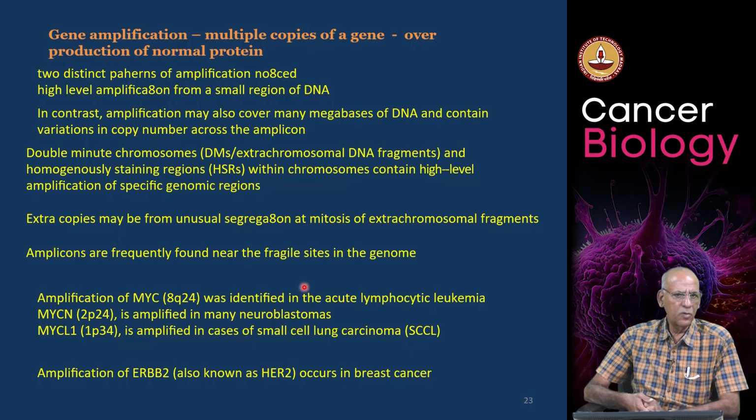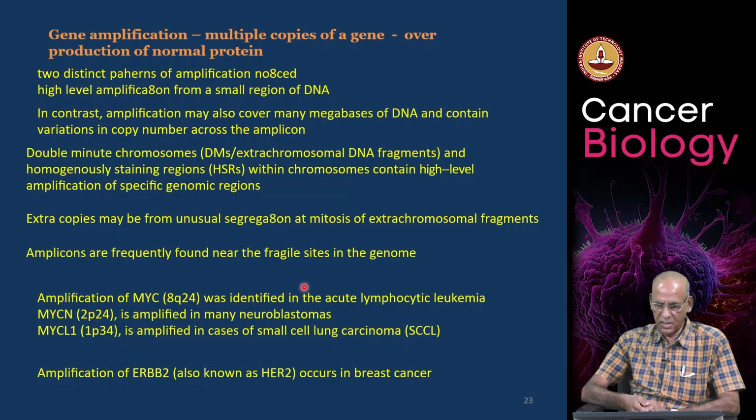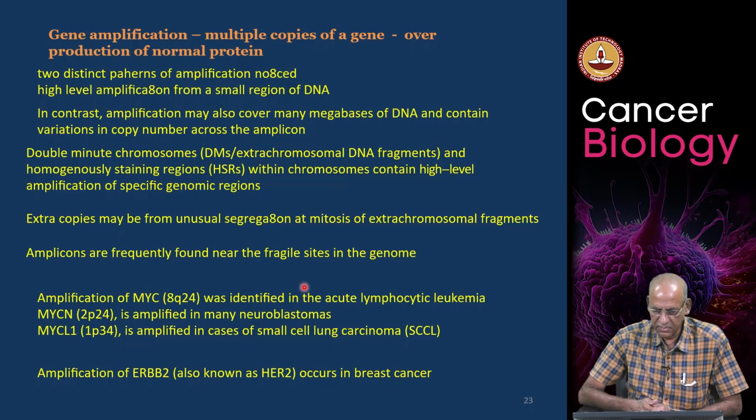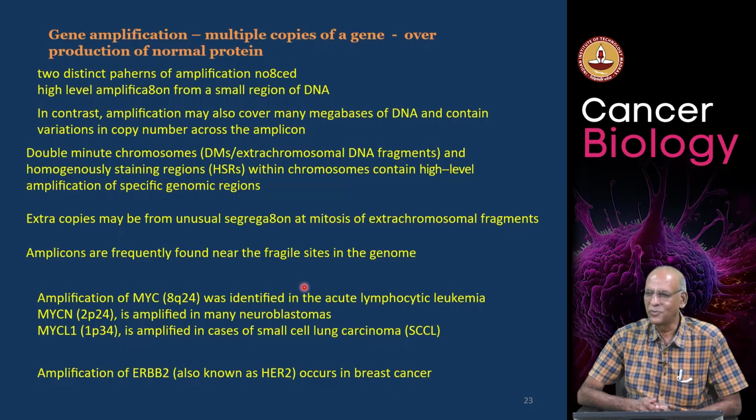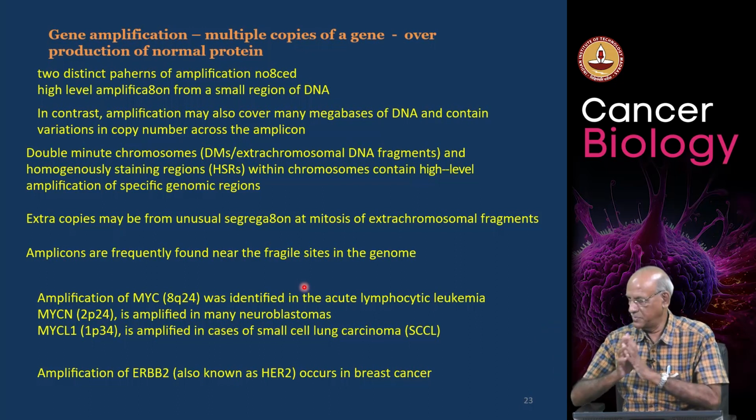There are also what are known as double minute chromosomes. I don't know whether you have heard of that. These are extrachromosomal DNA fragments. And homogeneously staining regions within chromosomes contain high level of amplification. That is, the amplification happens in certain regions of the chromosome.